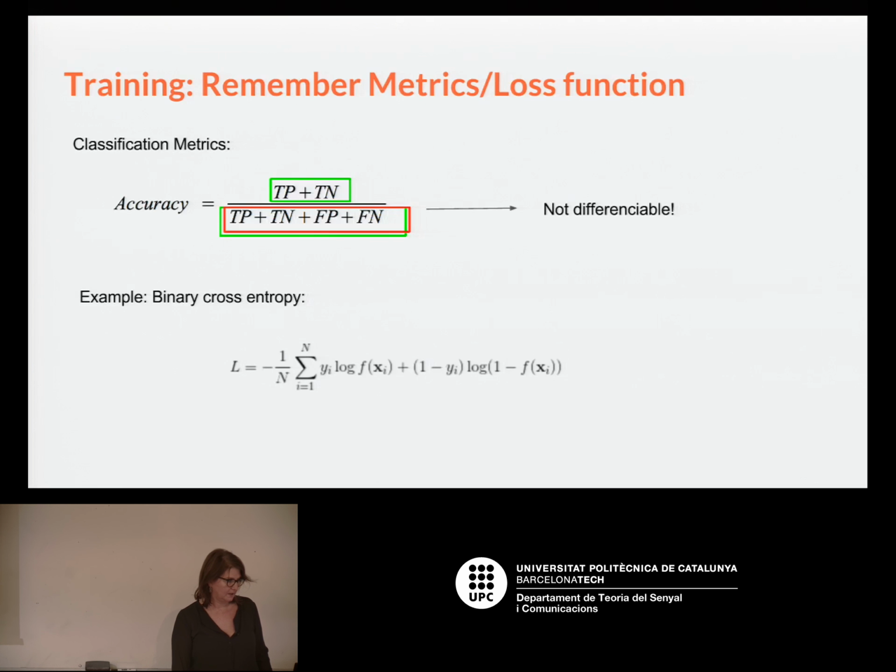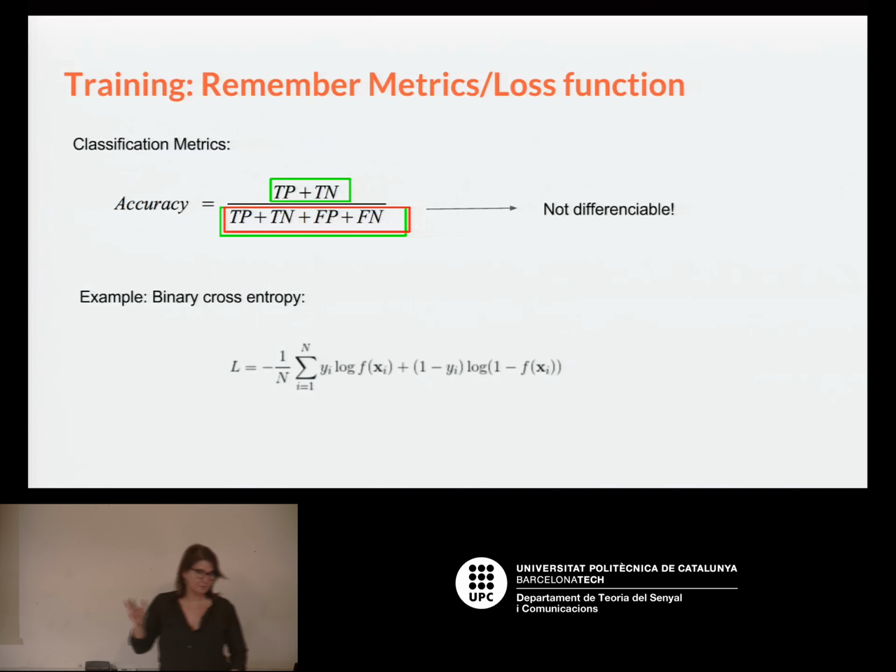As Santi mentioned, accuracy is one of the classic metrics. I want to maximize the accuracy at the output, but why am I not using it to train? Because it's not differentiable, so we cannot use it. That's why we go to functions like the one we've seen before, or this one, which are differentiable.